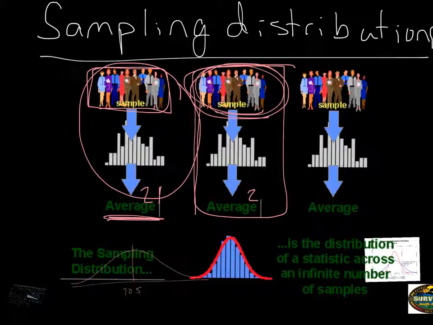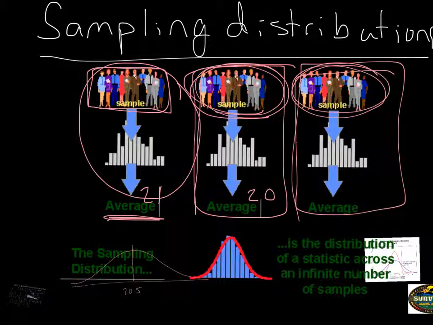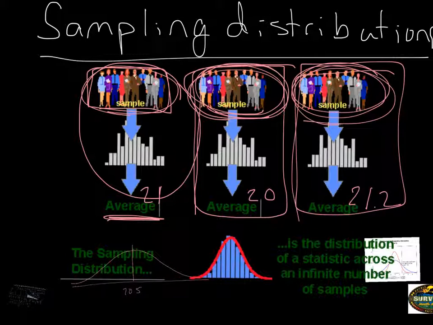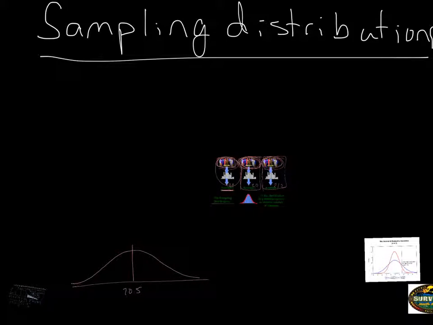Let's say their mean was like 20. Then somebody else takes a sample and their mean was like 21.2. On and on, sample after sample, hundreds upon hundreds, thousands upon thousands of samples of 25.